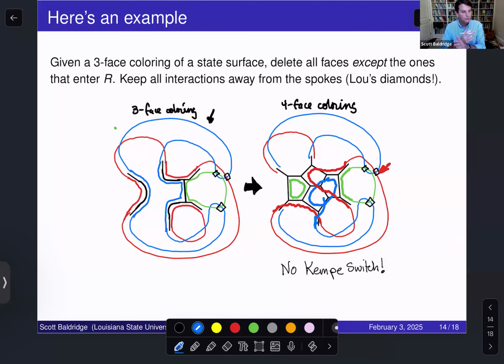Now that's going to be a blue, and that's going to be an edge where blue and blue are on the same side, on both sides. So that's a fault. That's not a coloring. But this is the aha moment. Aha moment is I have a fourth color. The fact that I could do this with a three face coloring means I've got a fourth face color that I play with. So let's switch to yellow.